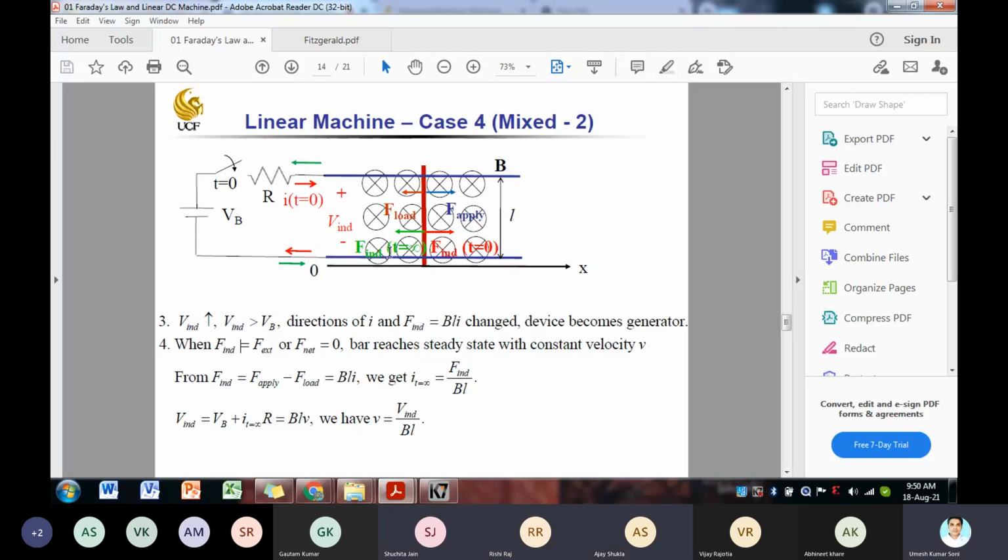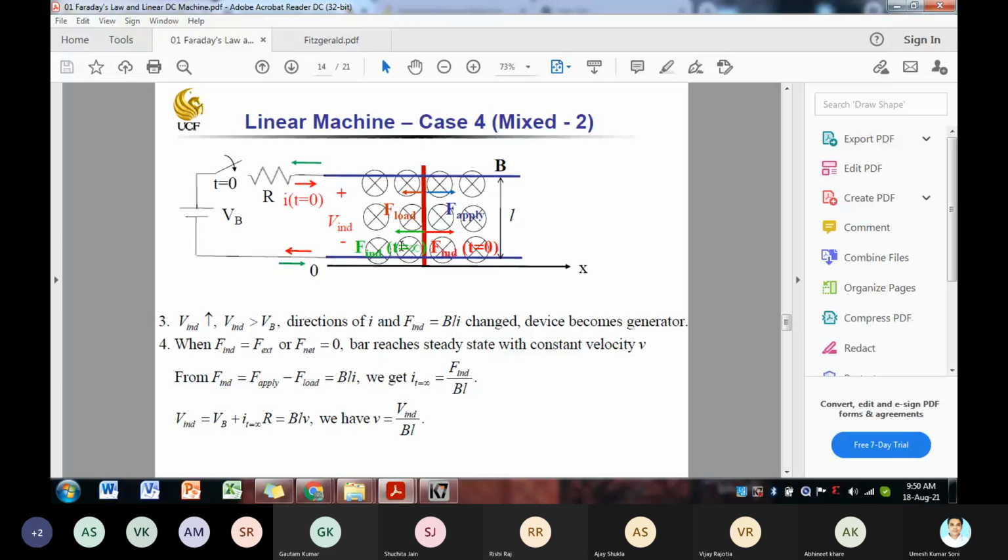You can see here the net force, the external force, is F apply minus F load. Both the direction arrows are shown: the blue color arrow is given for F apply, and the brown color arrow is for F load. Okay, here you can see that for generating mode, this is green color, T equal to infinite.